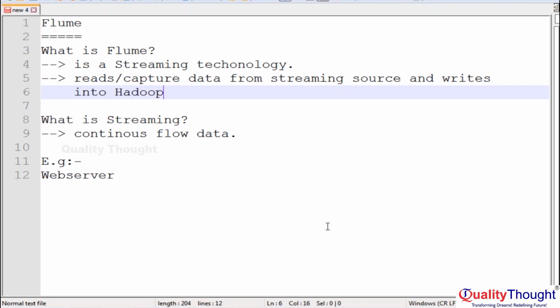Not only Hadoop, you can configure any other source or destination also. But the main purpose is capturing data from a streaming source and writing into Hadoop.